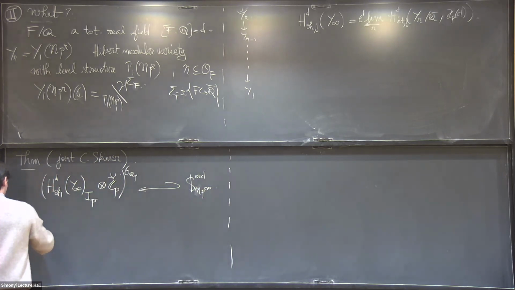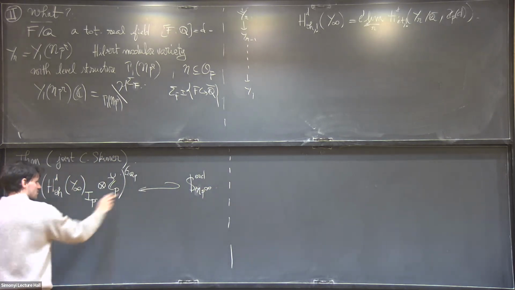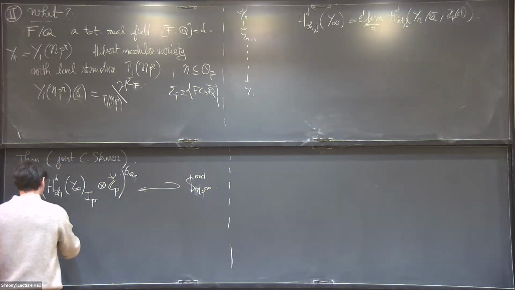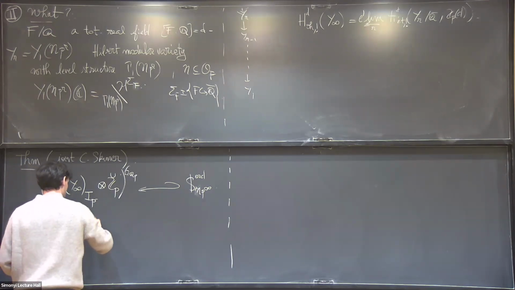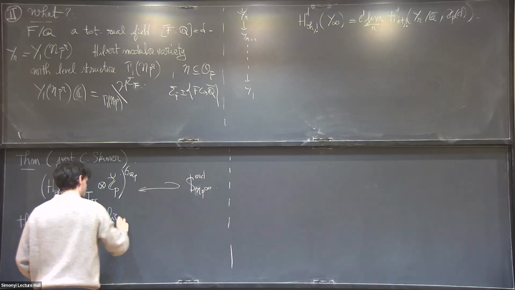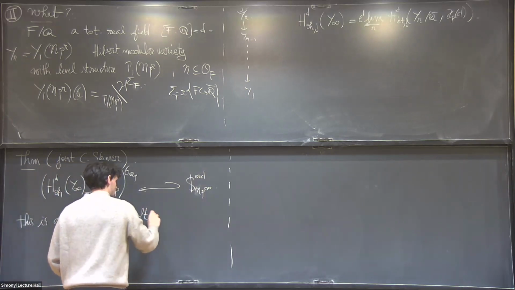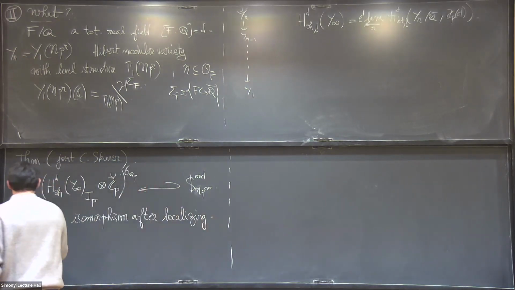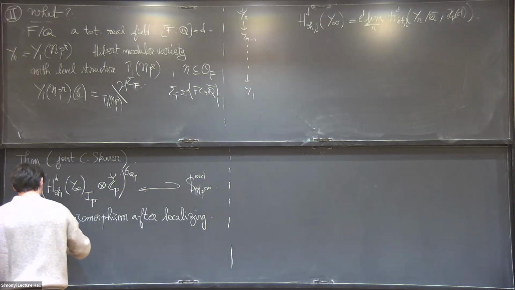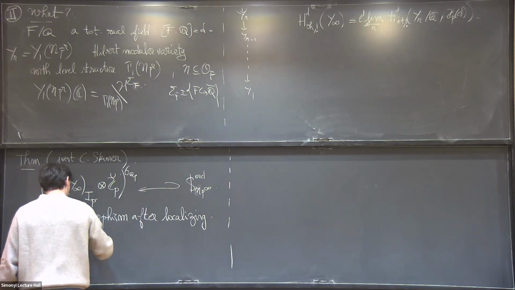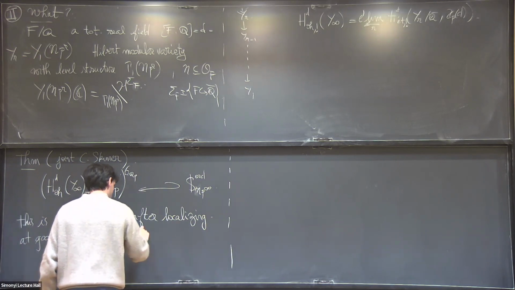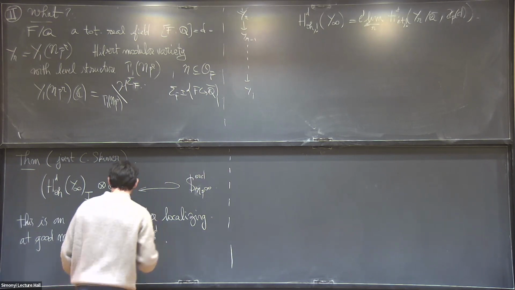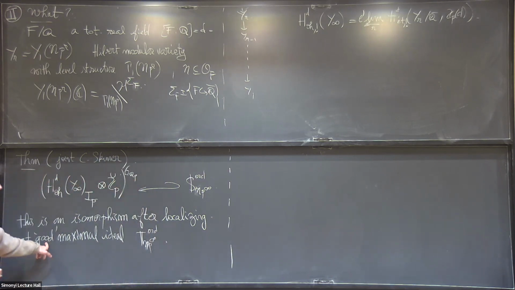And this is an injection and Hecke equivariant, and is an isomorphism after localizing at a good maximal ideal of the Hida ordinary Hecke algebra.